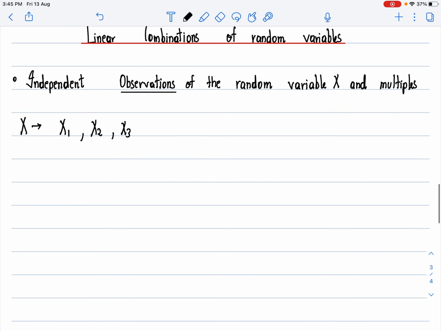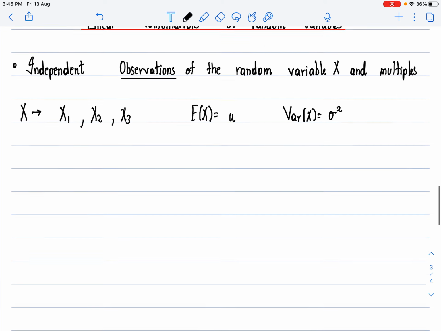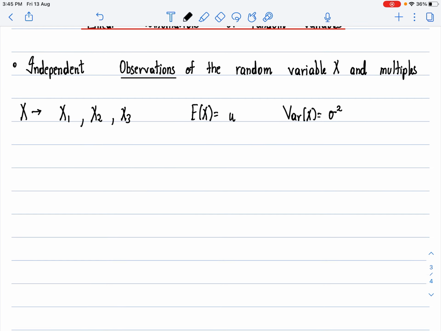In the question, you will be provided with the mean of the variable x and the variance of the variable x. Now you'll have to calculate the mean of the three observations, which is x1 plus x2 plus x3.